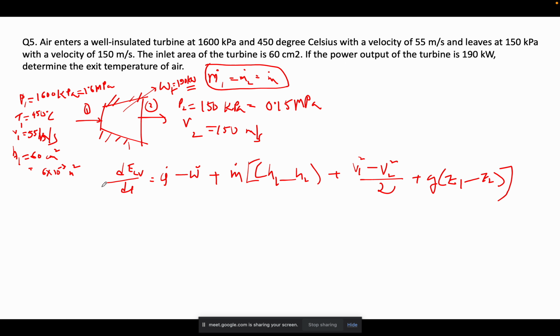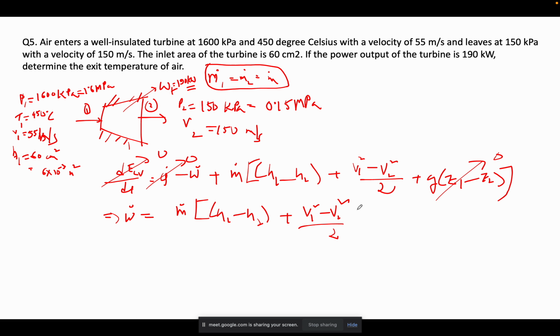Once again this is a steady flow, so that is gone. Adiabatic or insulated it's given, so this is gone, and change in potential energy is gone. So from here what is left behind is that W dot is nothing but M dot times H1 minus H2 plus V1 squared minus V2 squared by 2.